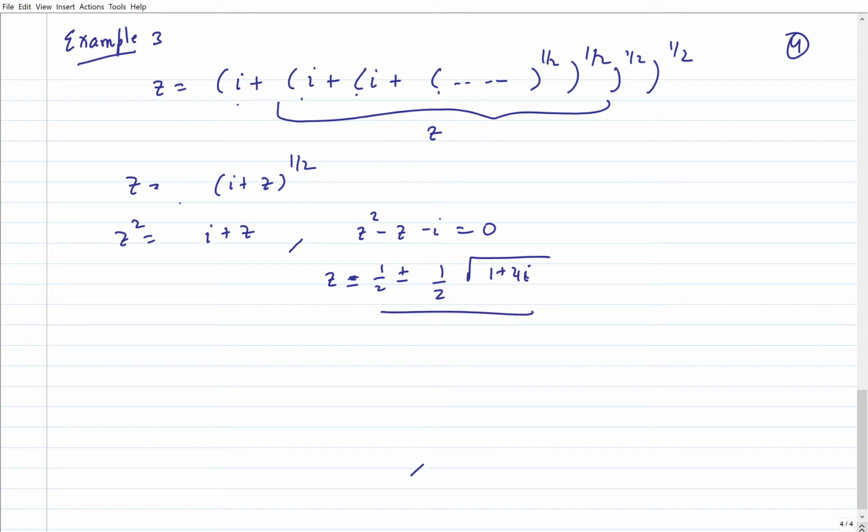I just solve the quadratic equation and that gives me the answer. So this is just some drill problems to manipulate complex numbers. Nothing too profound about it.